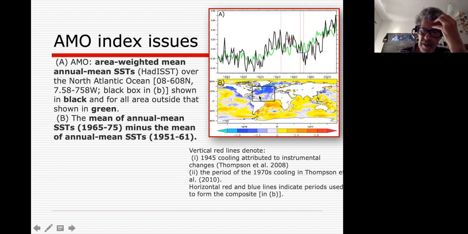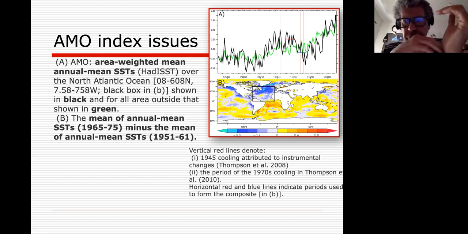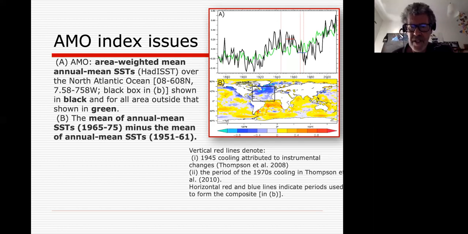Here you have a plot in which two different conditions are shown. One, in red here, is the period considered to characterize the maximum, the positive AMO index, and a subsequent one in which the AMO index conversely was at the minimum.